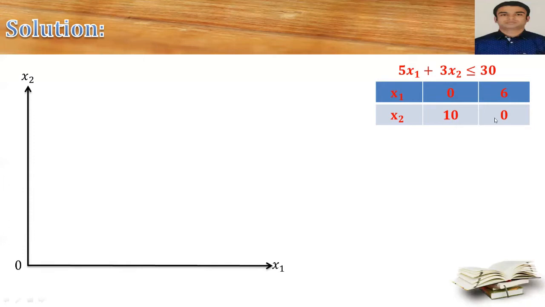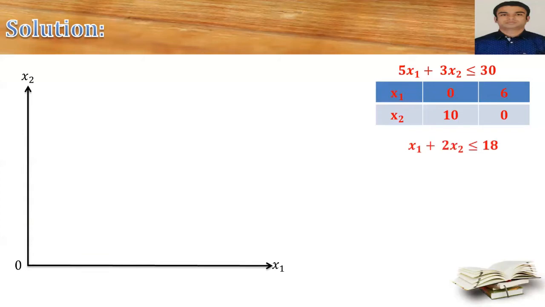If x2 is 0, then 5x1 equals 30 and x1 equals 6. So the points are (0, 10) and (6, 0).